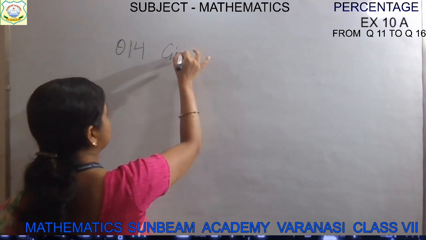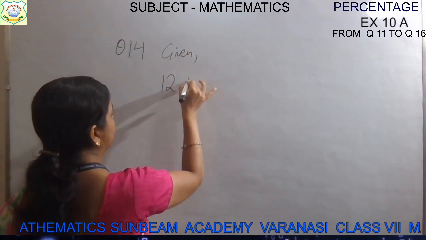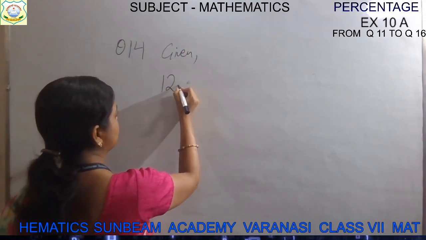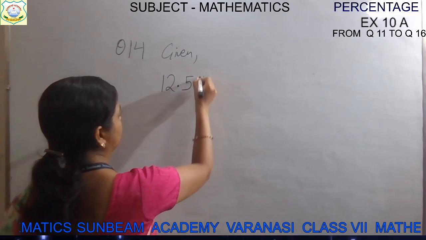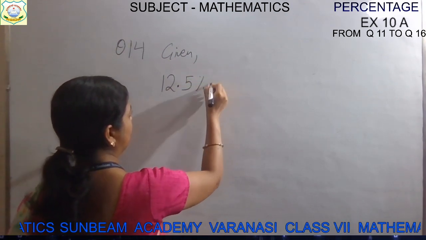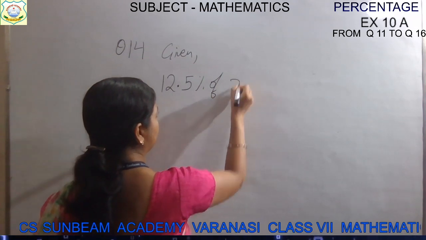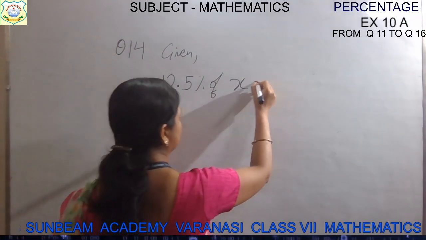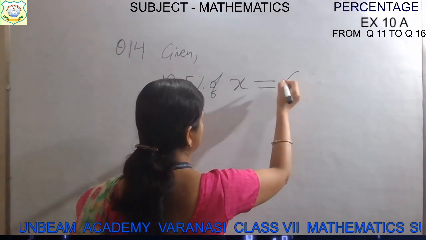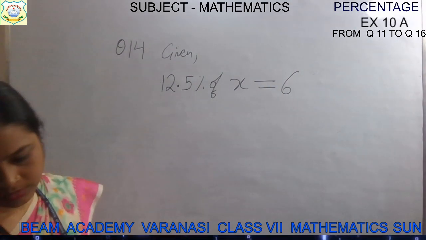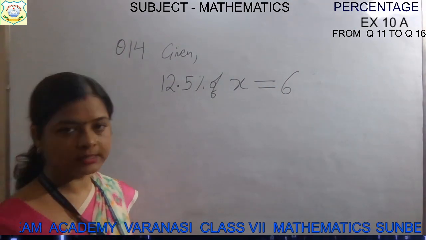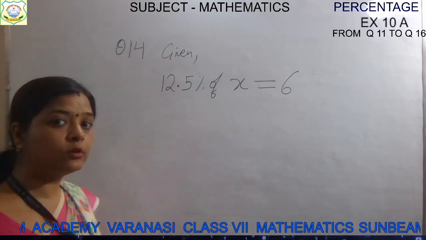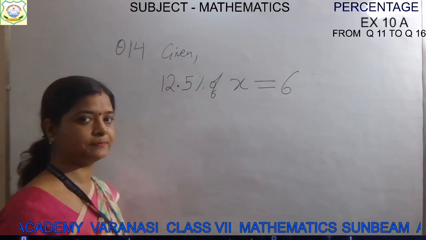This is given, children. 12.5% of a value x is 6. It is not in rupees, children. It is 6 only. 12.5% of x is equal to 6.